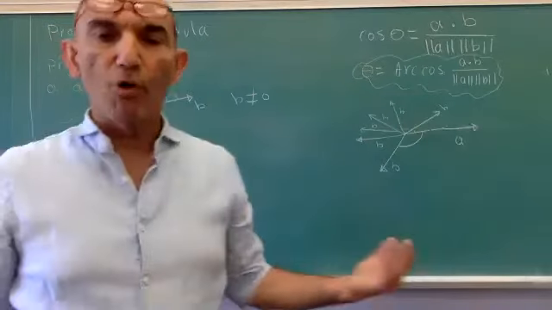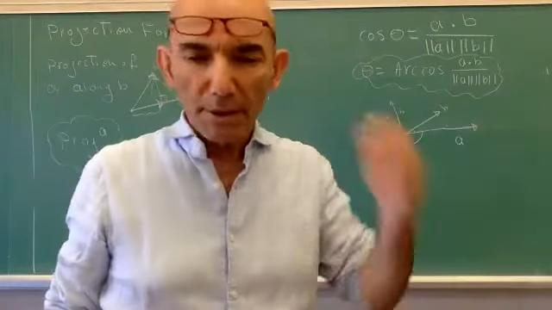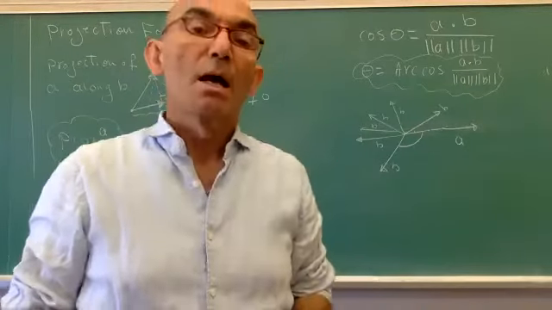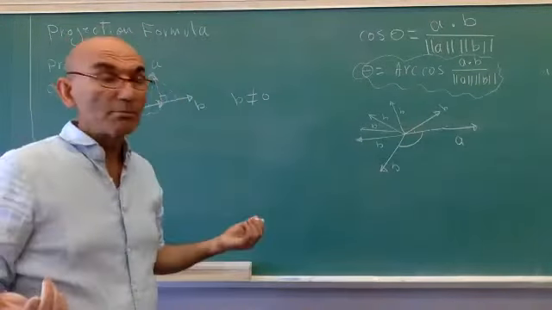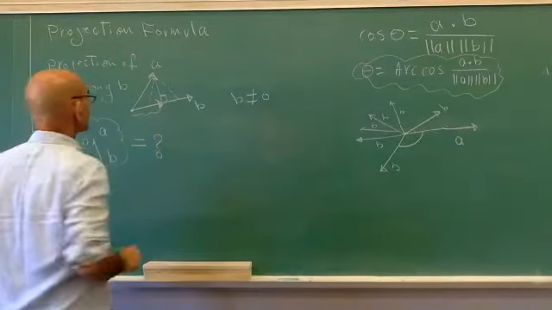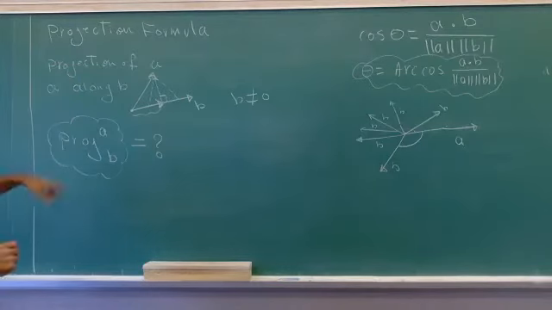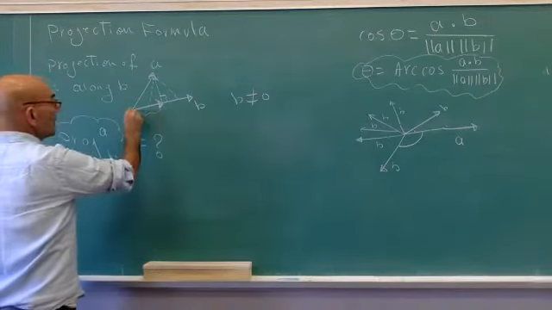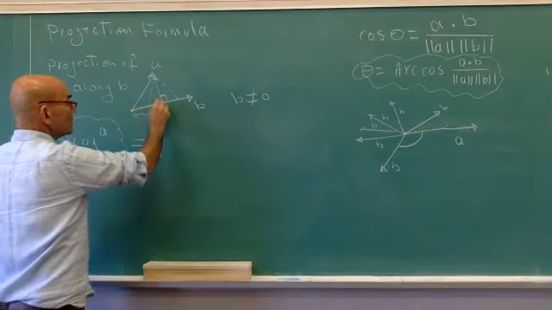But the question is, what is it? Can you give me a formula in terms of vectors A and B, for example? So this is equal to what? To answer this question, the only thing that we have to know is the length of this vector, right?